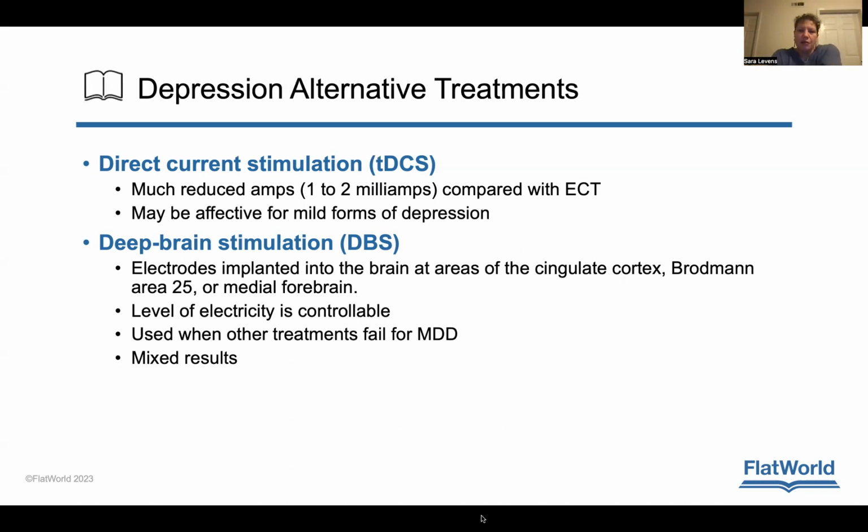It's not quite as invasive as the ECT, and it's also more effective for mild forms of depression. And the idea of these ECT or stimulation treatments is this kind of resetting effect.